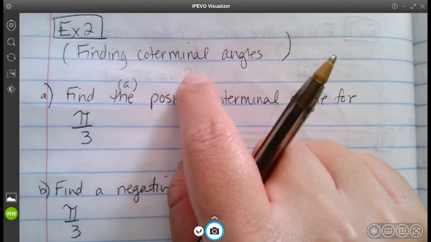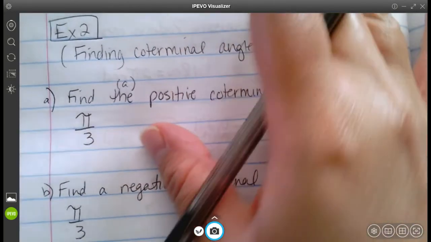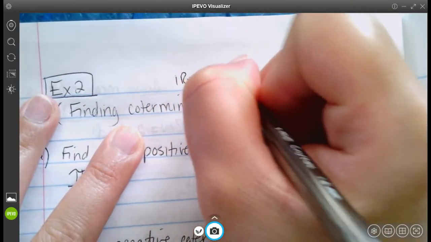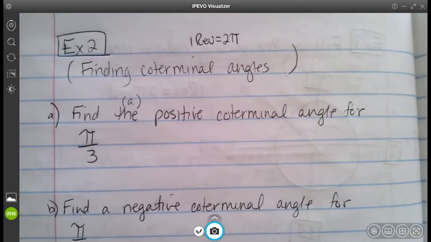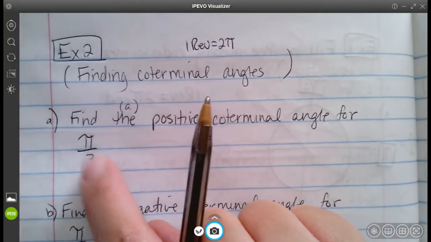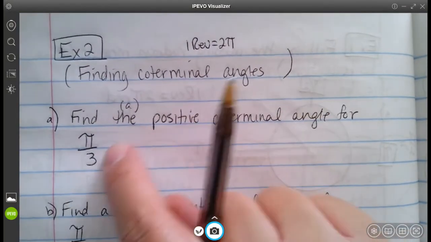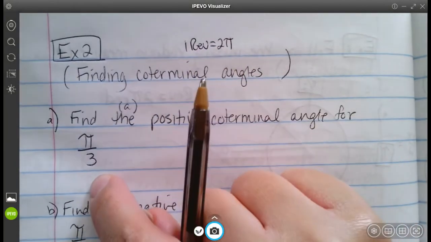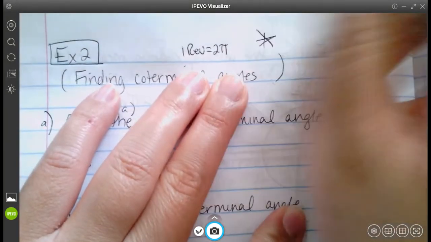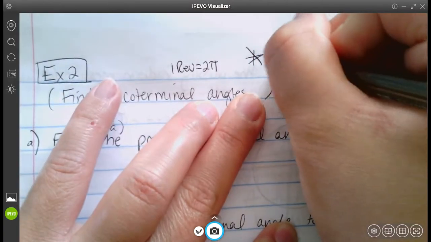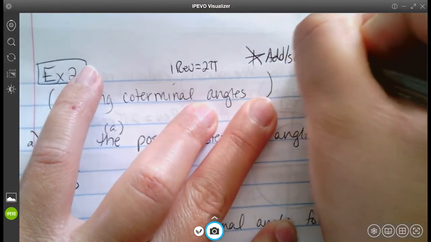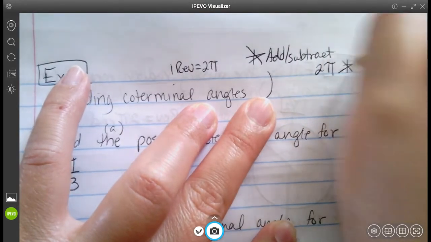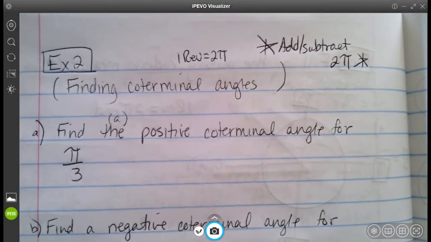The key thing about this one is to remember that one revolution is 2 pi. So if that's true, all I have to do to get another angle that's going to land in the same spot is add 2 pi or subtract 2 pi. So let's make a note here. We're going to either add or subtract 2 pi. And that is all there is to it.